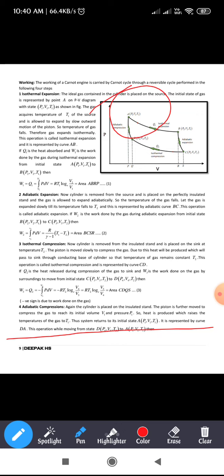Thus the system returns to its initial state A, that is P1, V1, T1. It is represented by the curve DA. This operation from state D to A is P4, V4, T2 to P1, V1, T1. So we conclude that the system has reached its initial state.